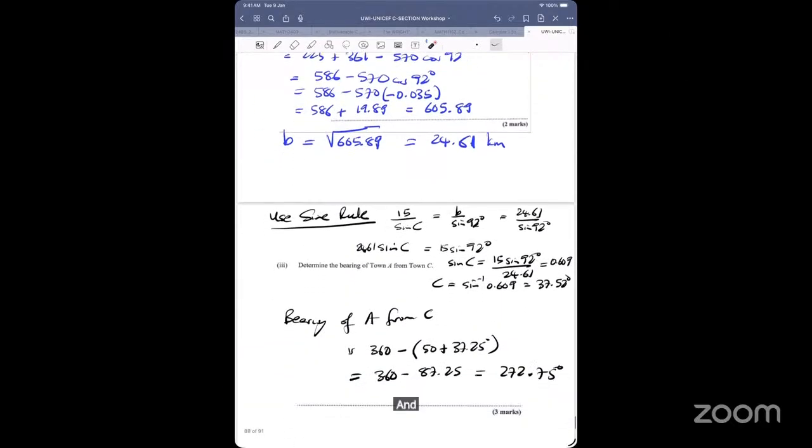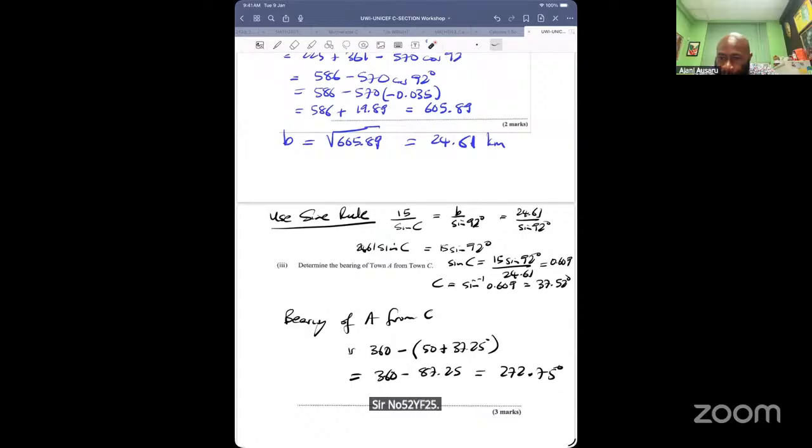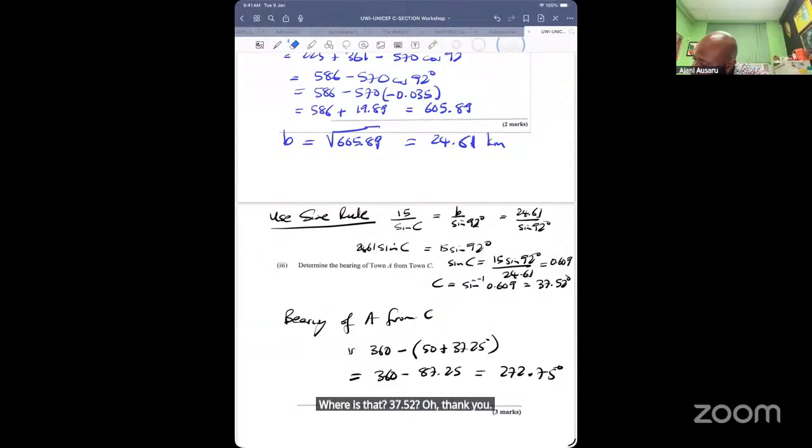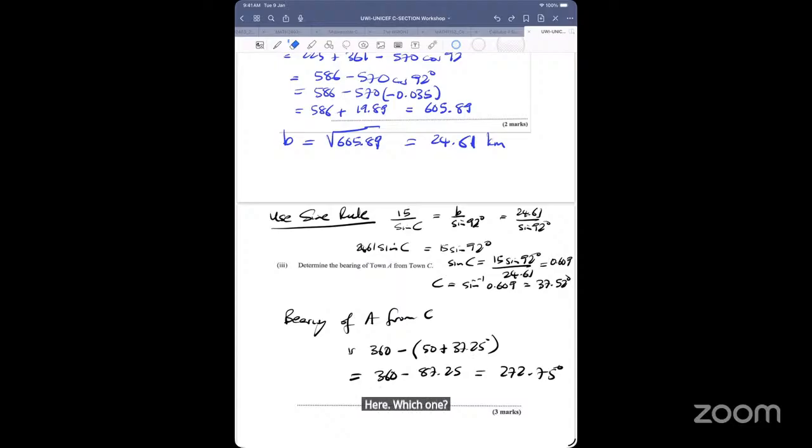Sir, why do you have 2.5 there? Where is that? 37.52. At the bearing. Oh, thank you. This one right here. This should be 5.2. Is it 2.5 or the other way around?